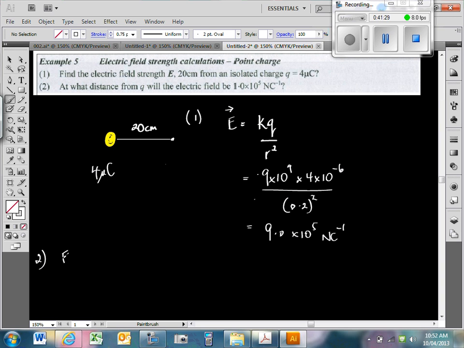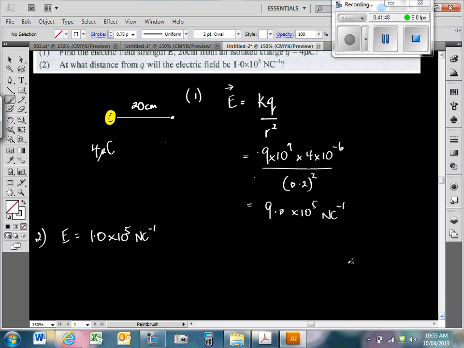So E equal to 1 by 10 to the 5 newtons per coulomb. R equals the square root of kQ on E.